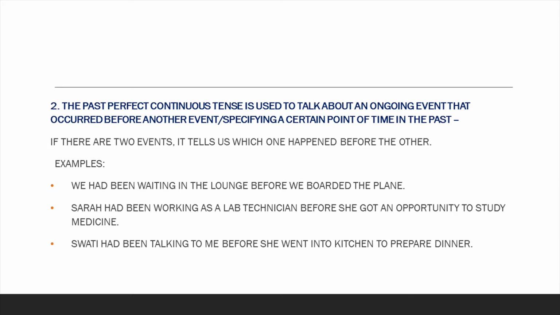You can't talk about the sequence or order of the events. If you say, Swati talked to me, and then she went into the kitchen to prepare dinner, that doesn't signify the sequence. So this is much more free-flowing and a bit more sophisticated as well.